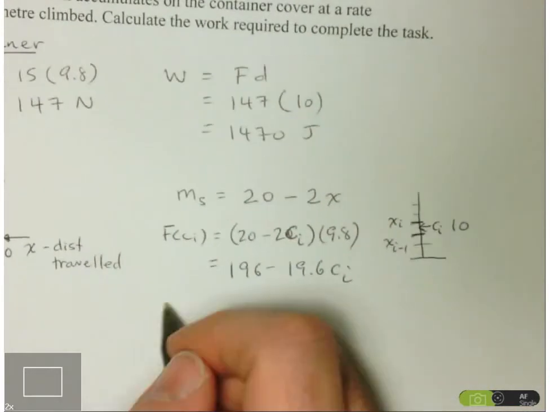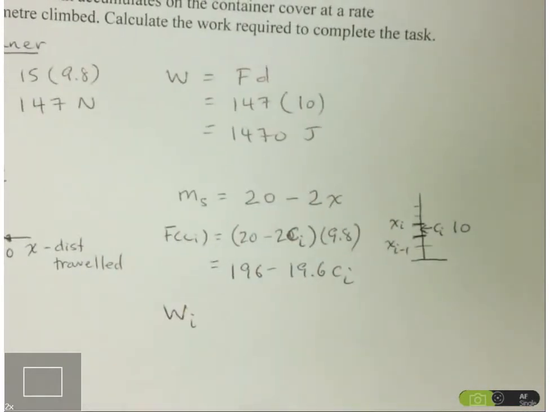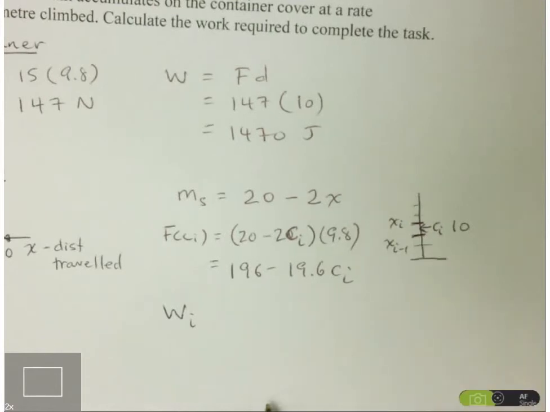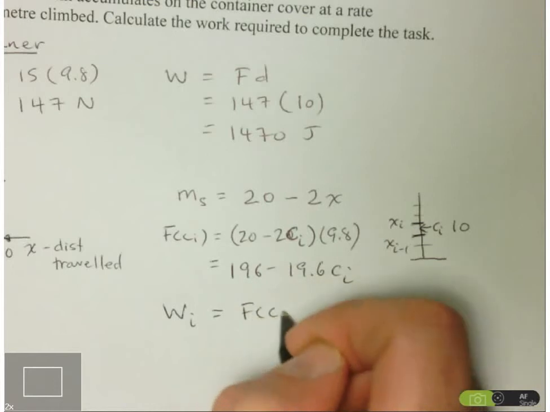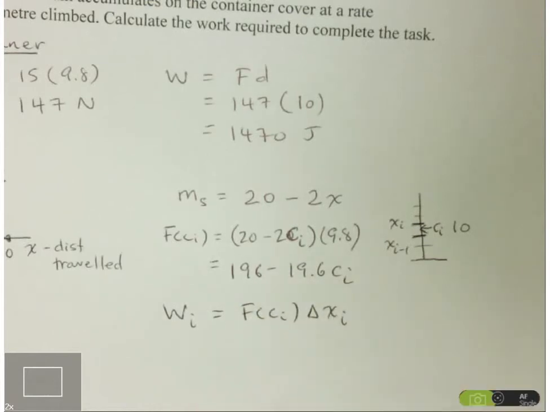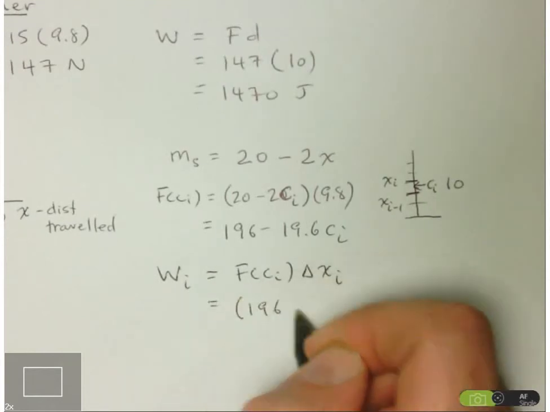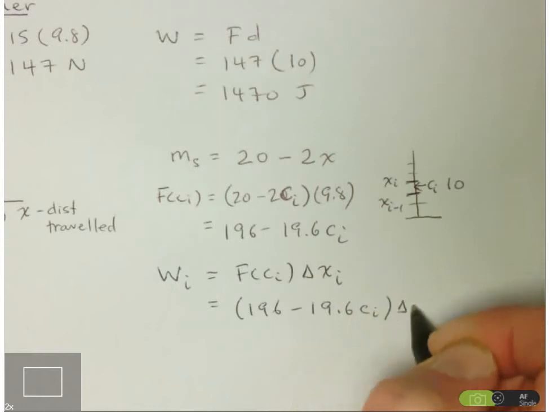And we use this to calculate the work to carry up the sand up that small distance over the subinterval. That will be F at c_i times the displacement, which is delta x_i. So we have 196 minus 19.6 c_i times delta x_i.